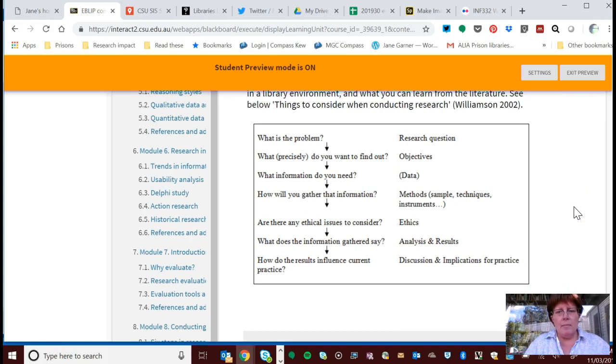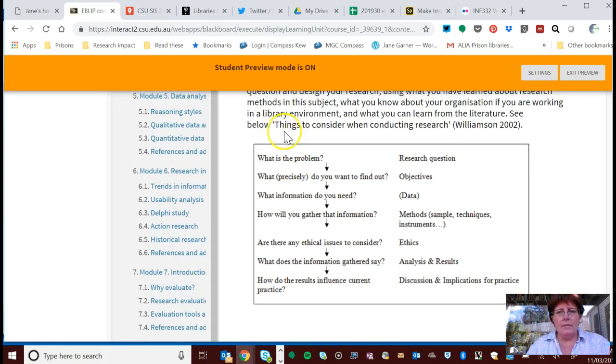This little diagram I thought I would talk you through because it sums it all up really. These are things to consider when conducting research. It comes from an article written quite a long time ago by Kirsty Williamson in 2002, and we still use it because it sums up the whole research process quite nicely, even though it's old. The research process doesn't really change.